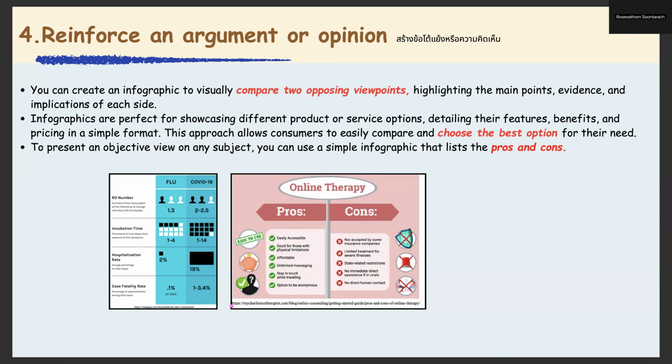It can detail their features, benefits, and pricing in a simple format, so the consumer can more easily compare and choose the best option for their needs. And this can be used to present an objective overview on any subject, such as the advantages or disadvantages, or pros and cons.